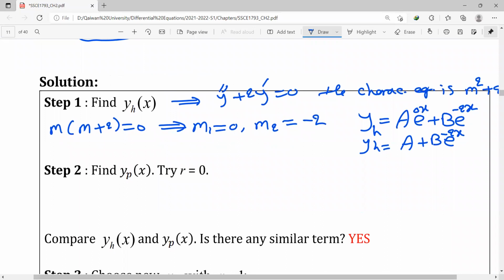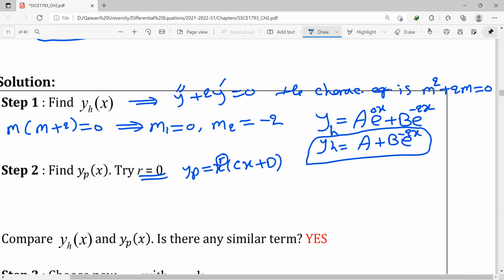The general form of yp for a polynomial is yp equals x to the power r times (cx plus d). We always start from r equals 0, and if there are no similar terms between yp and yh, that's okay. We follow the steps, always finding the homogeneous solution first. Look, we found it.